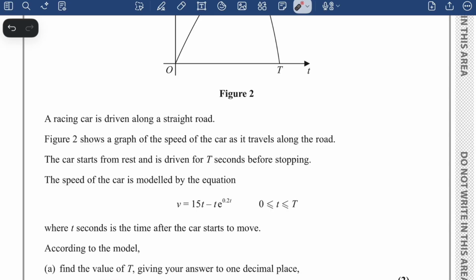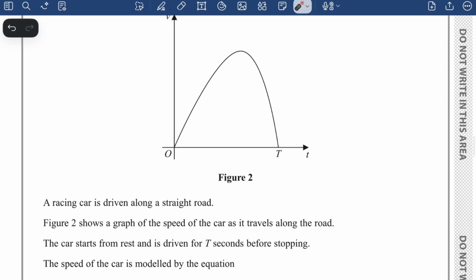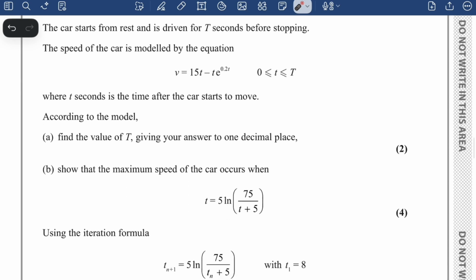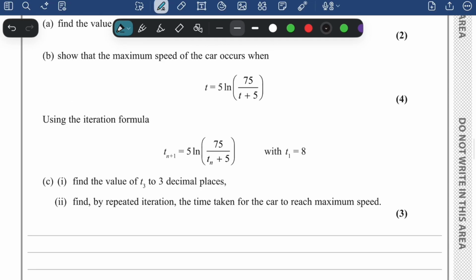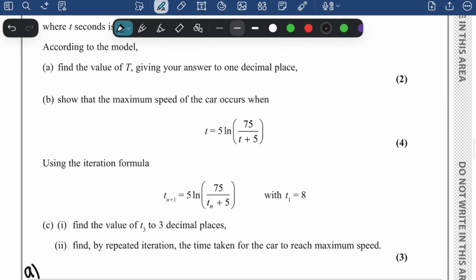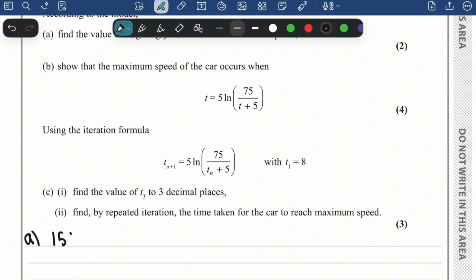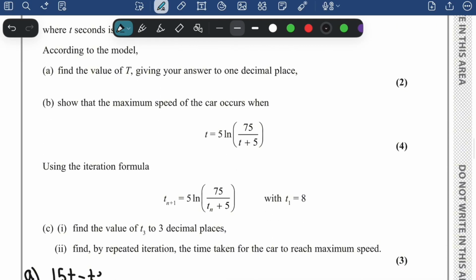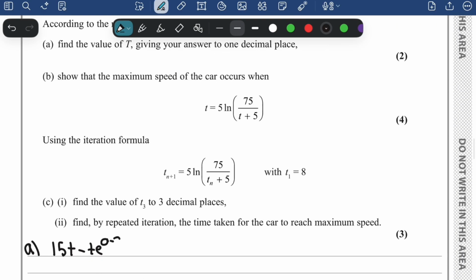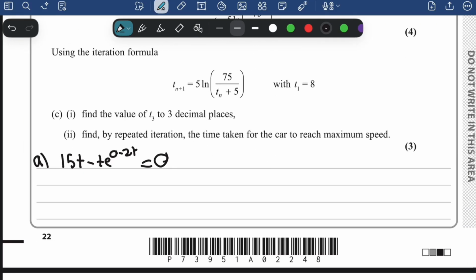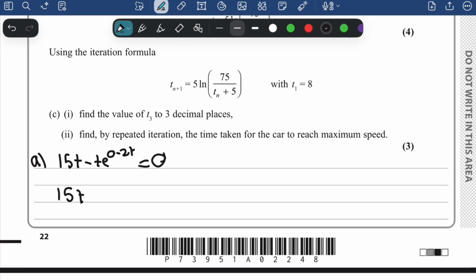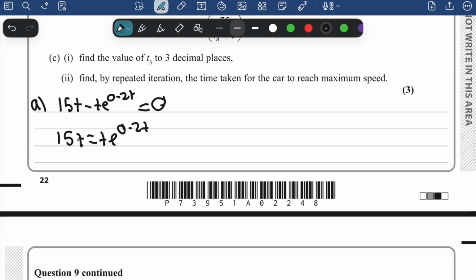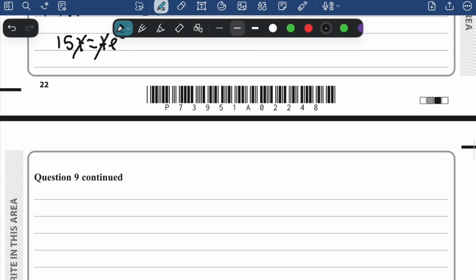So the t is when the speed is 0 again, right? As we can see here, v is 0 at rest and v is 0 at this point here. So all we have to do for part A, set v to 0. Then rearranging, and dividing by t.